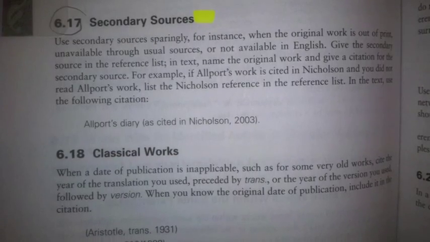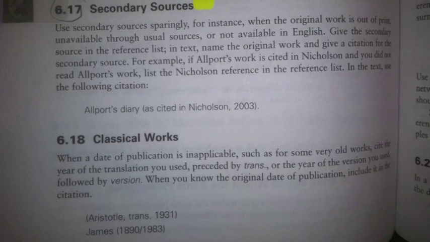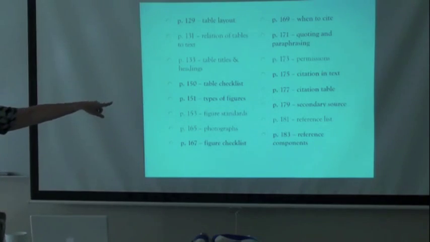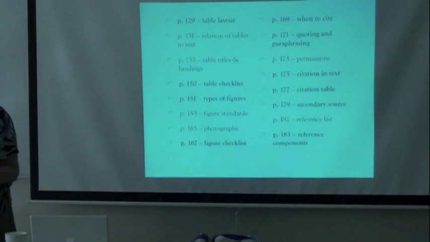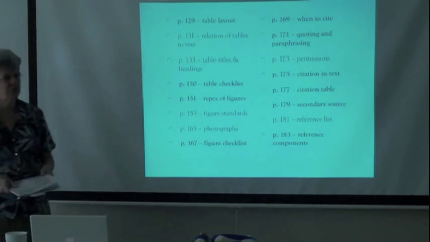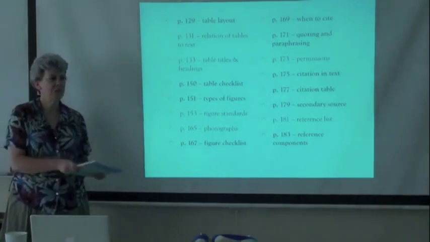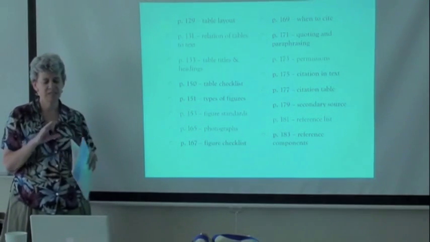I'm reading their description of it. That's called secondary sources. So if you want to mark page 179, because I think students often find themselves citing secondary sources. It explains how to do it and what goes in your reference list versus what you say in your paper and how those things match up.